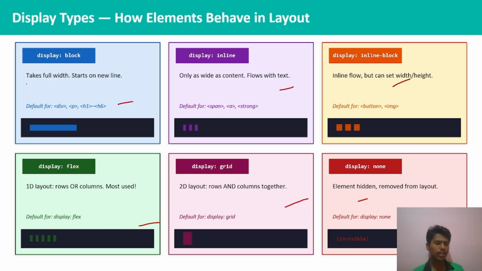You can understand by the sentence: takes full width and starts on a new line. When we are typing anything in messages or something else and we press enter, it goes to the next line, and then when we enter again, it goes to another line.